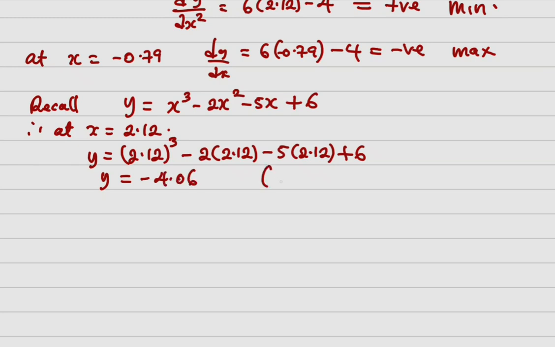So the coordinate will be 2.12 comma minus 4.06, and this is for the minimum.